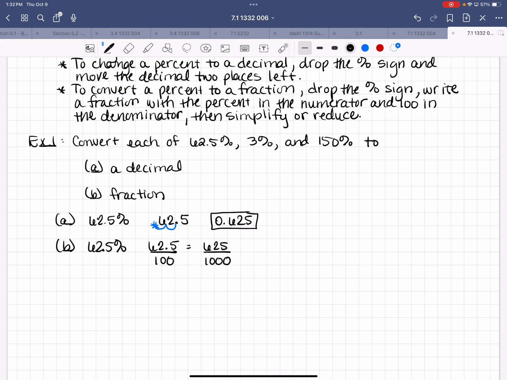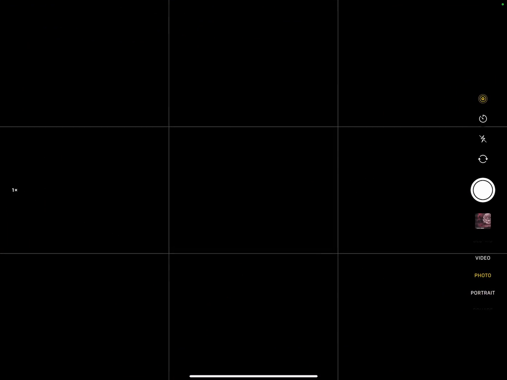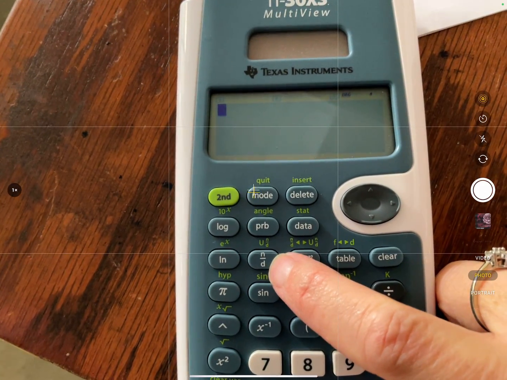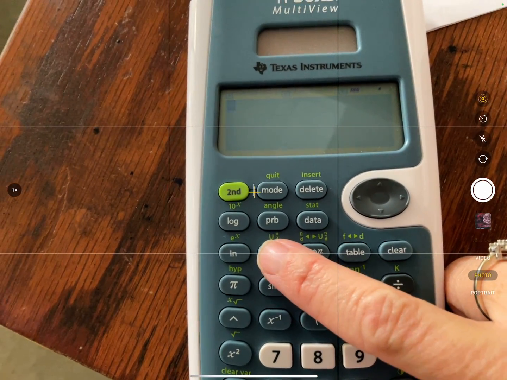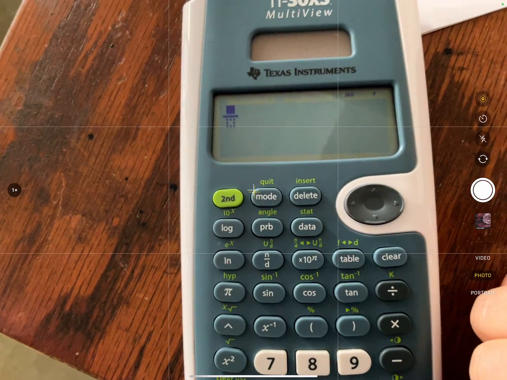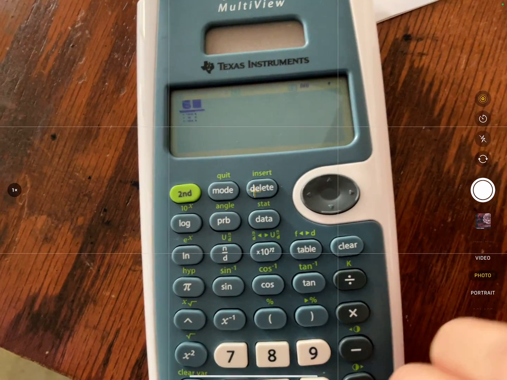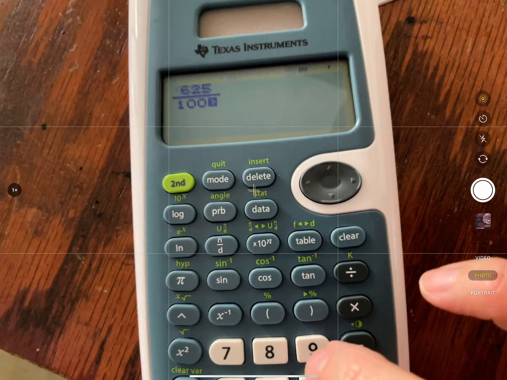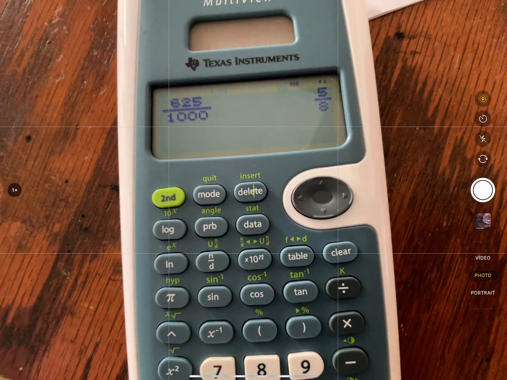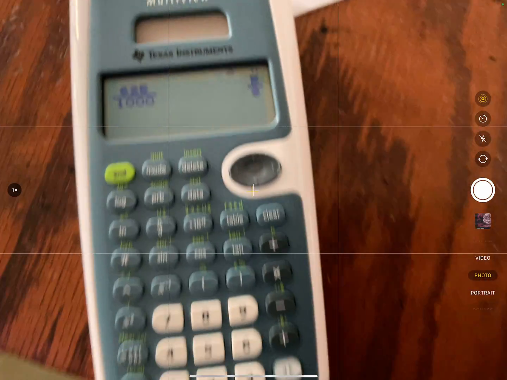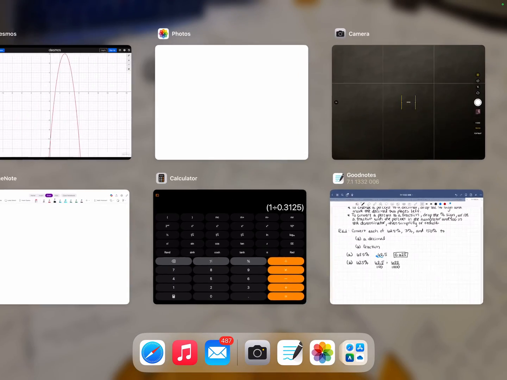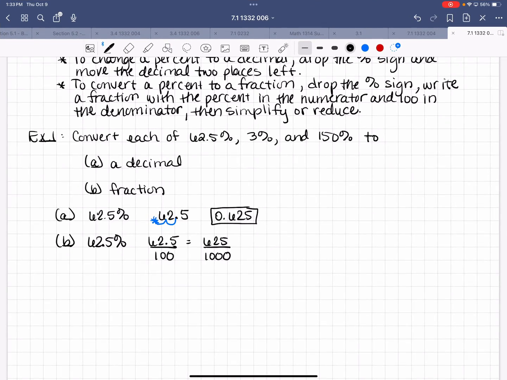You will notice there's this little button right here, N over D, numerator over denominator. It will make a stackable fraction, so I can put 625 over 1,000, and that will give me 5 over 8. Okay, so it nicely does that, so we know our answer is 5 over 8.